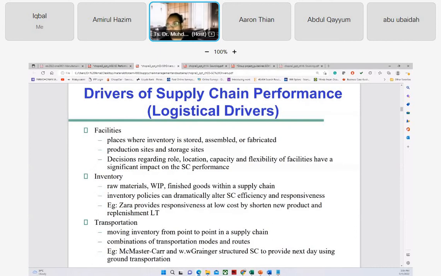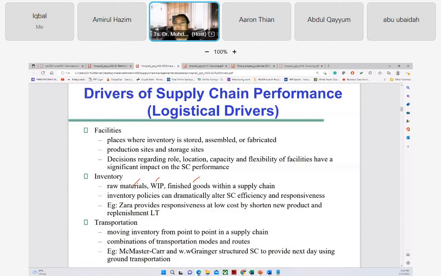You have to understand your raw materials, your work in progress, the ones that are still in your pipeline, so how many you are going to produce, and your finished goods, something that you are ready to ship out from your factories.